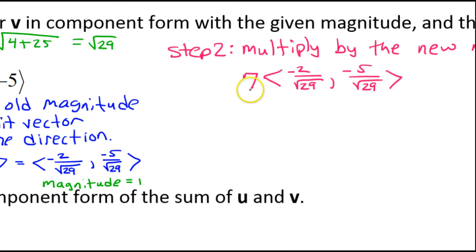Now, remembering that this is like having 7 over 1, and I'm multiplying straight across, so this 7 is really going to wind up only multiplying the numerators. So that's going to give me -14 over radical 29 and -35 over radical 29.